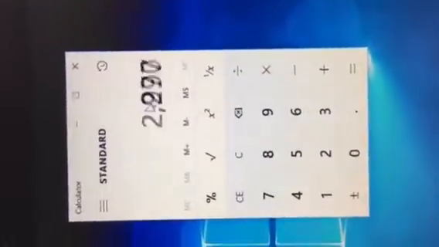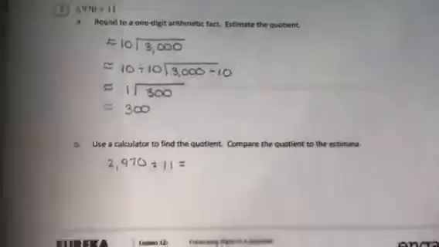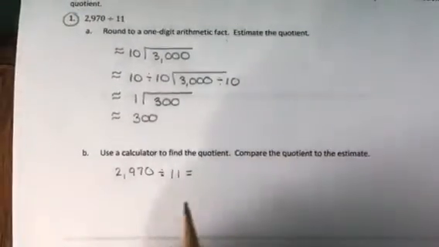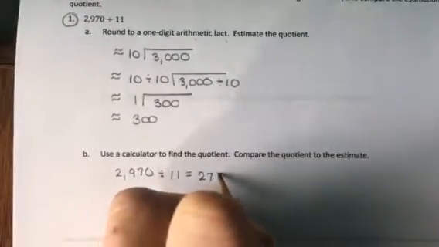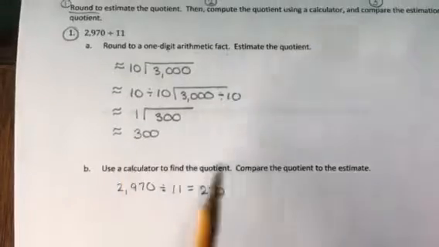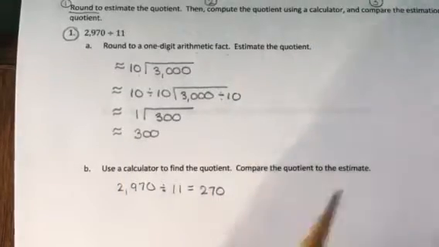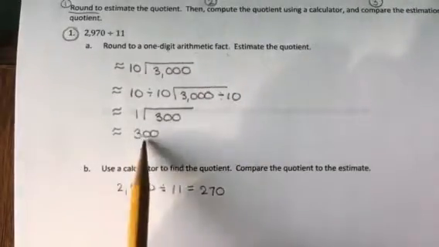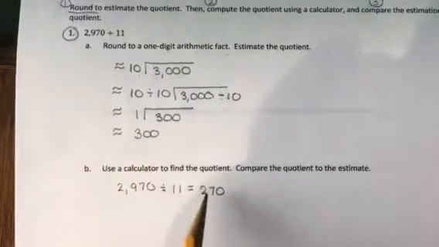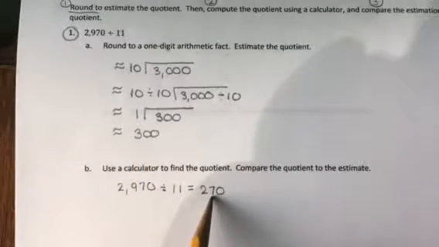If you put in the calculator, you have 2,970 divided by 11, which is 270. Now they want us to compare the quotient to the estimate. If you look at the estimate, which was 300, and our quotient, which is 270, they're pretty close.